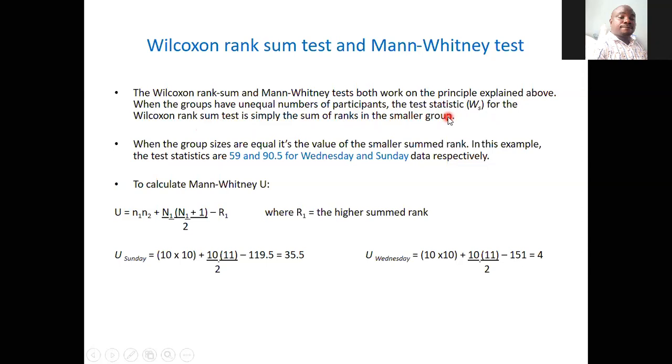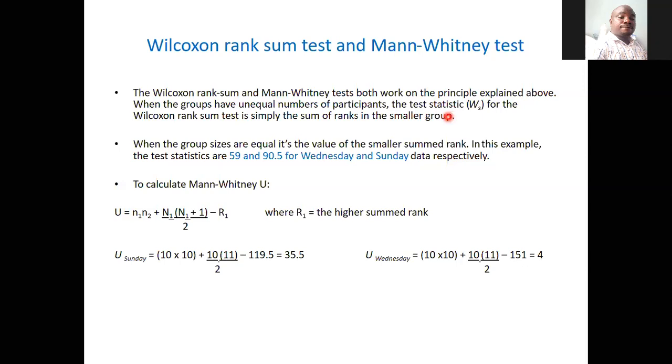If they have unequal numbers, of course, it is the smaller group's rank sum, because when you do it, it will be smaller. Your test statistic, if you remember when we were discussing, was it last week? I've said it many times also, that as the test statistic goes higher, the corresponding p-value goes lower.